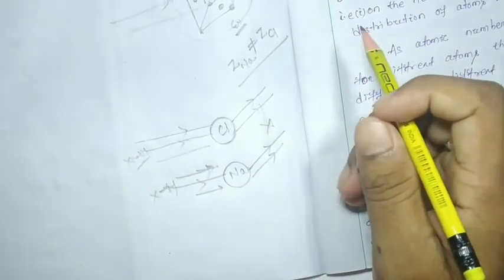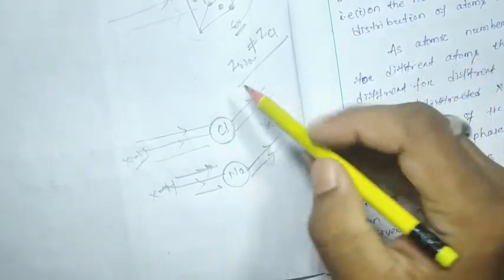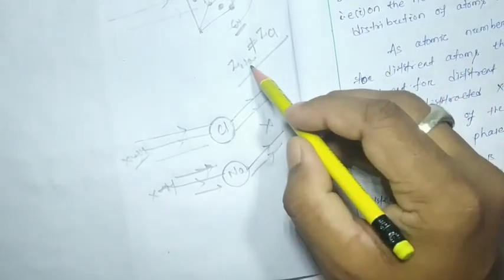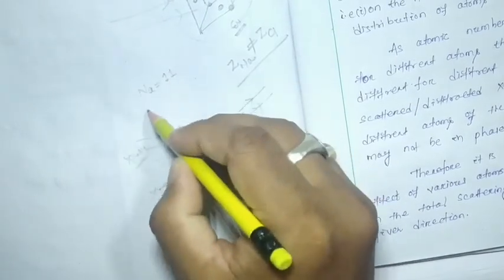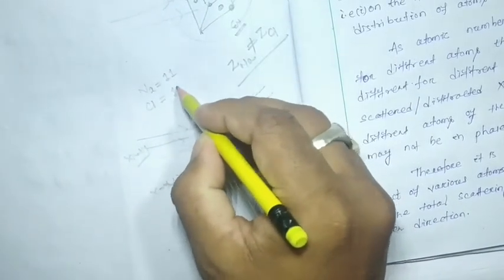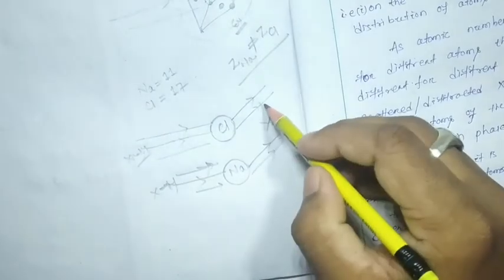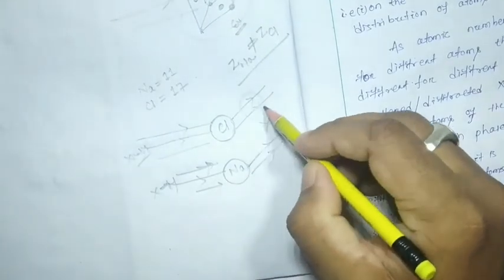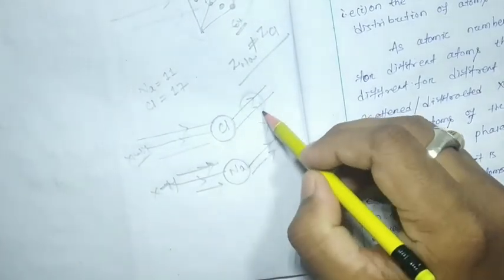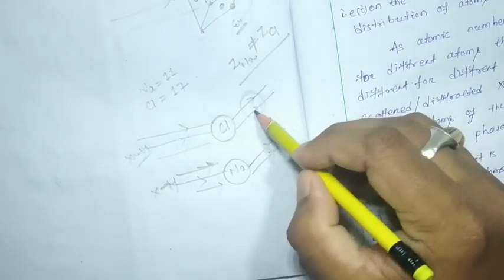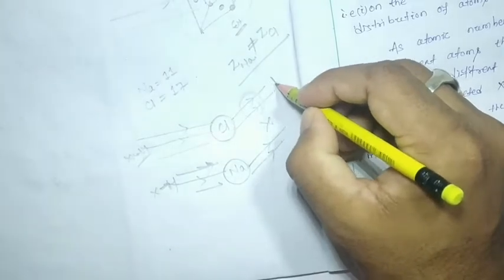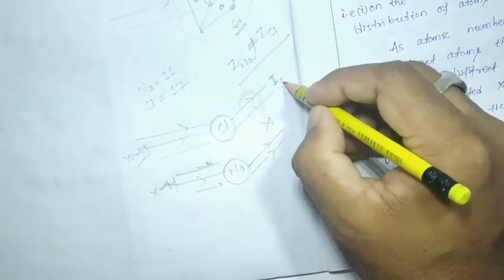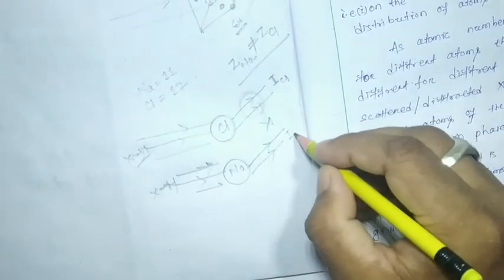As the atomic scattering factor is proportional to Z, sodium has atomic number 11 and chlorine has atomic number 17. Hence, I will write the intensity of chlorine and the intensity of sodium.